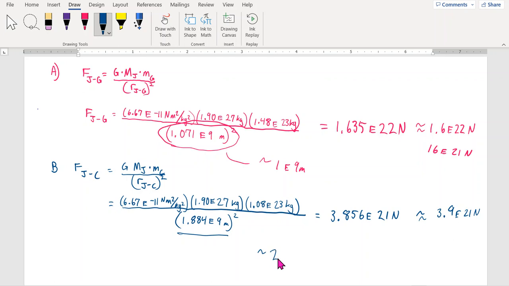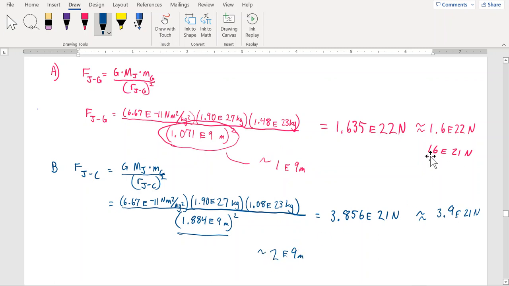I'm going to say that's approximately 2 times 10 to the 9 meters. Once again, this is close enough. It's not like this is a simulation where I can pick up a moon and move it, or change the mass of the moon. But as you can see, Callisto's distance away from Jupiter is about twice that of Ganymede's distance. So close enough, Callisto is about twice as far away.